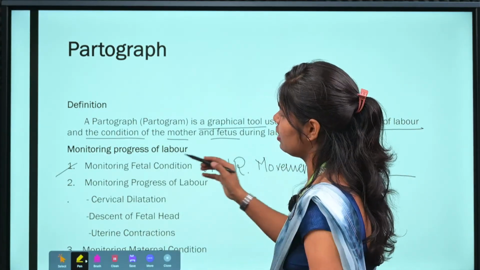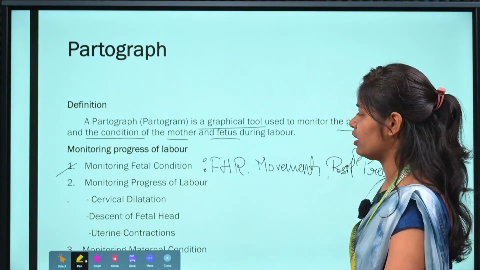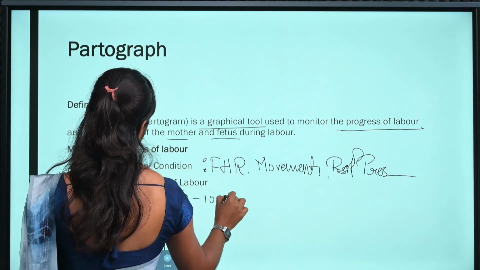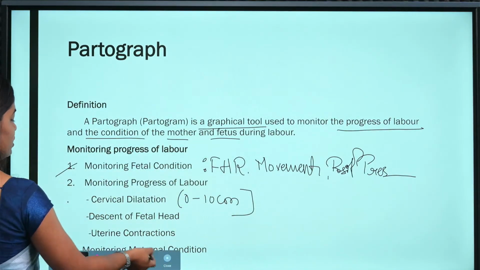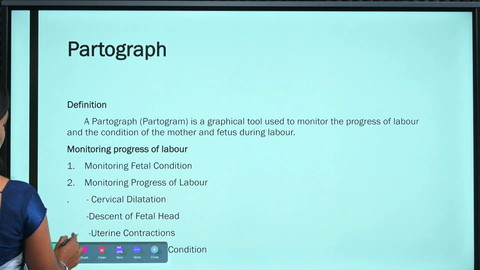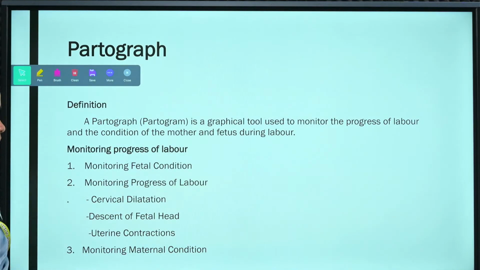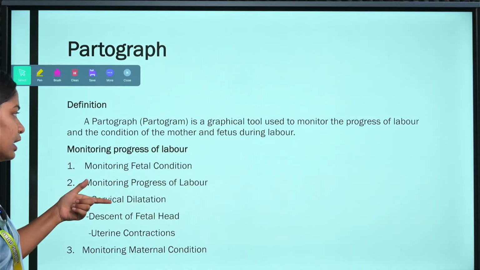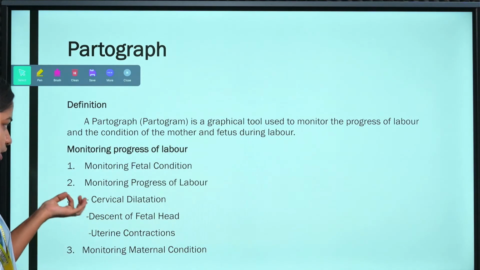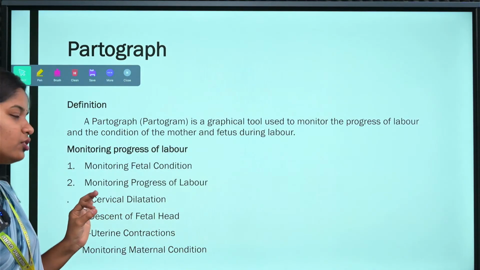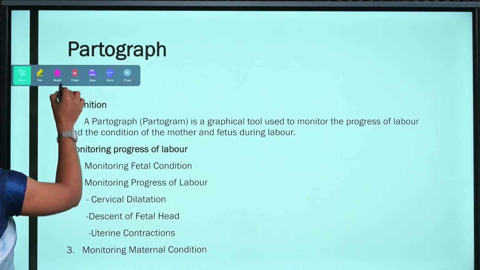And monitoring of the progress of the labor: the cervical dilatation, descent of the fetal head or presenting part, and uterine contraction, and monitoring the maternal conditions by using the partograph. These are all the things we can monitor: fetal condition, progress of the labor, which includes cervical dilatation, effacement, descent of the fetal head and uterine contraction. Last, we can assess the maternal conditions.